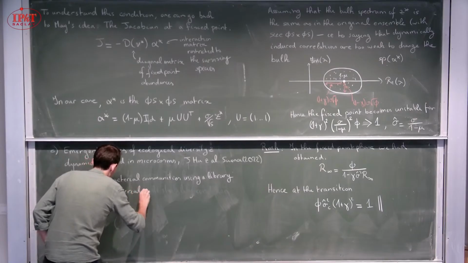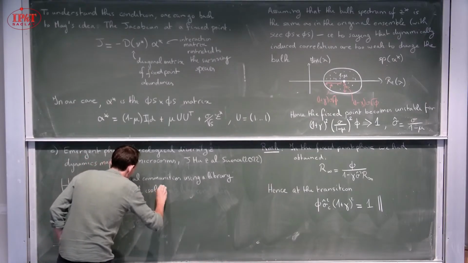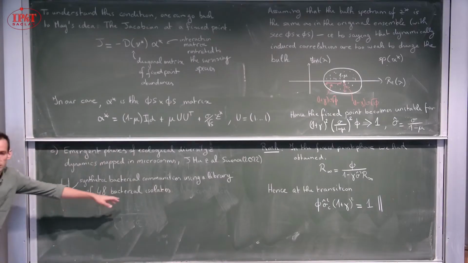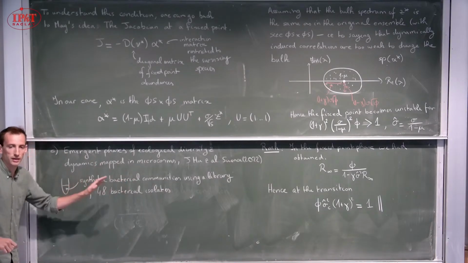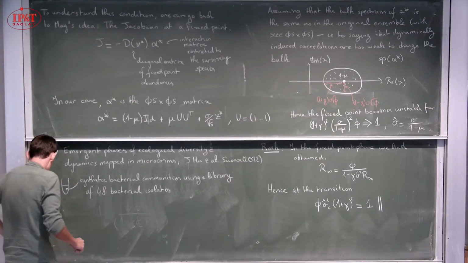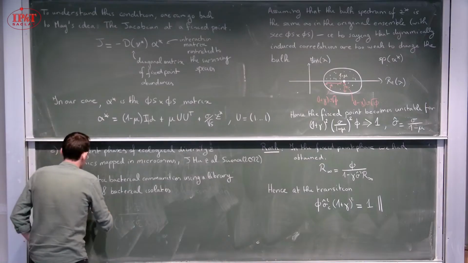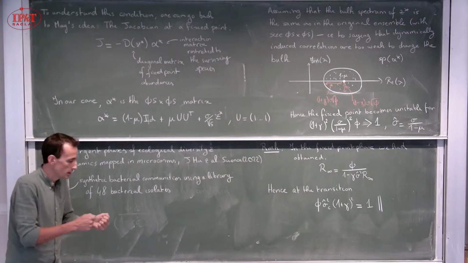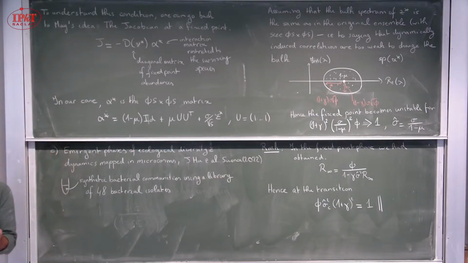So there are 48 different types of bacteria, and they make communities out of that. It doesn't need to be 48 bacteria at the same time; it can be 2 species, 4 species, 8 species. And essentially, they let these communities grow. They do serial growth and dilution, and they monitor the evolution of the population sizes of the different types through time.